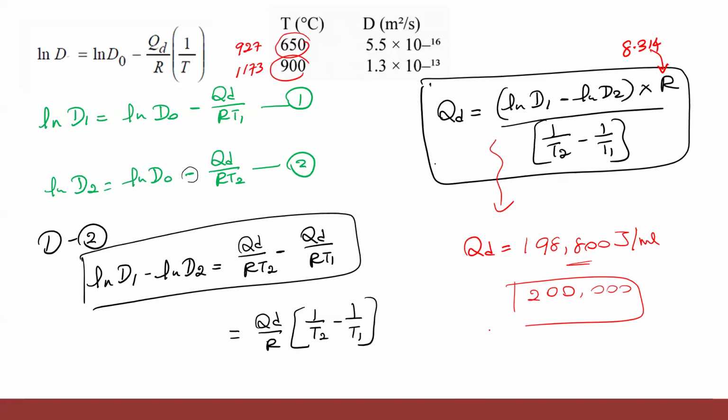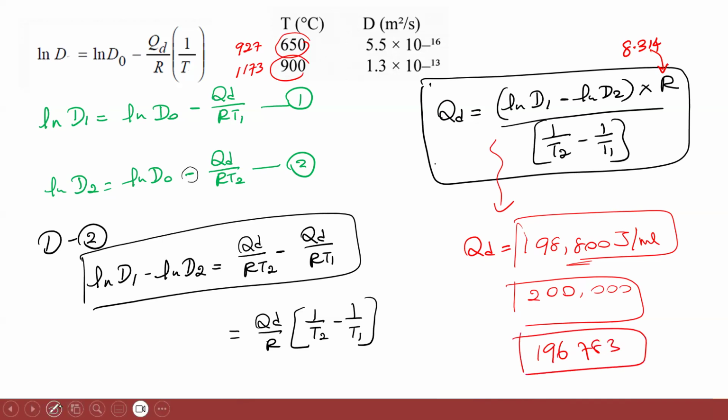About 196.7. Yeah, so it's close to this one, isn't it? 196,783. Okay, so let's take this. Just ignore this one. So we'll take this one. Okay, so joules per mole.